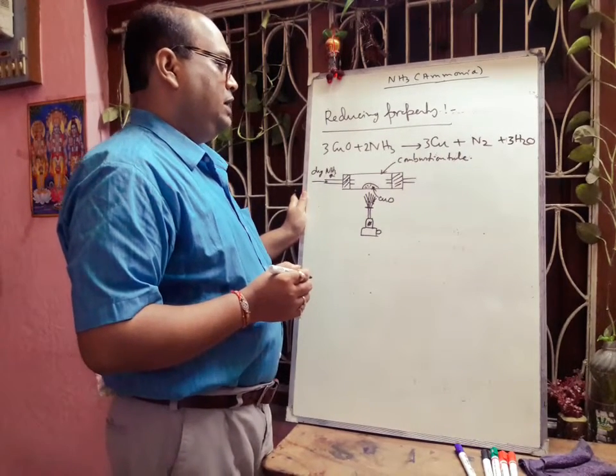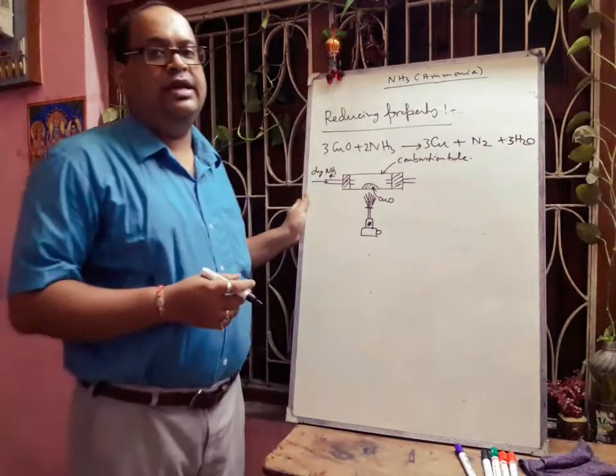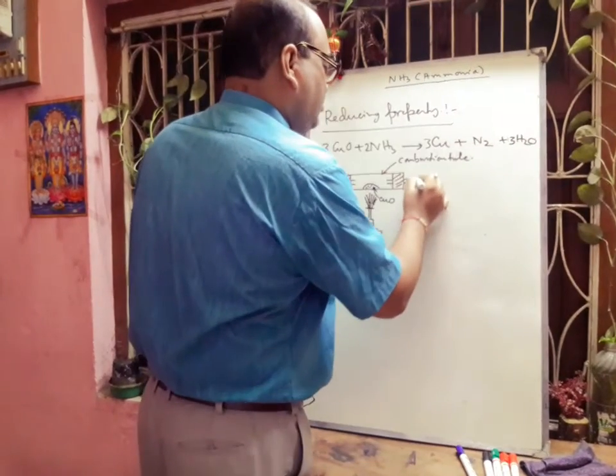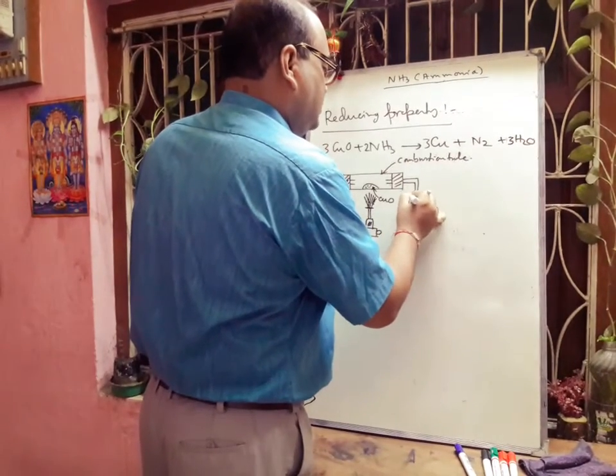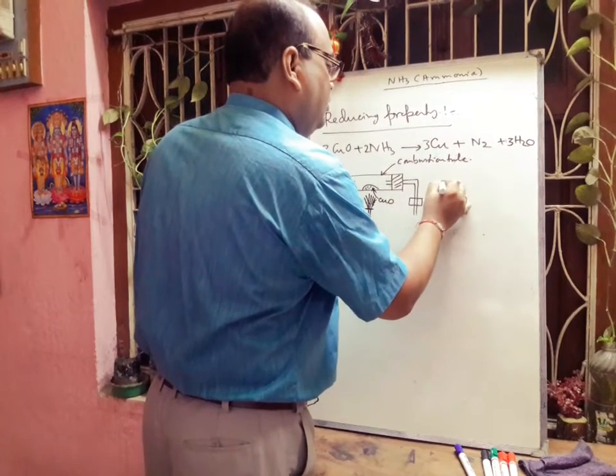Now here this ammonia will react with this CuO, forming nitrogen gas. We have to cool this nitrogen gas. We have to take one arrangement, that will be the U tube.